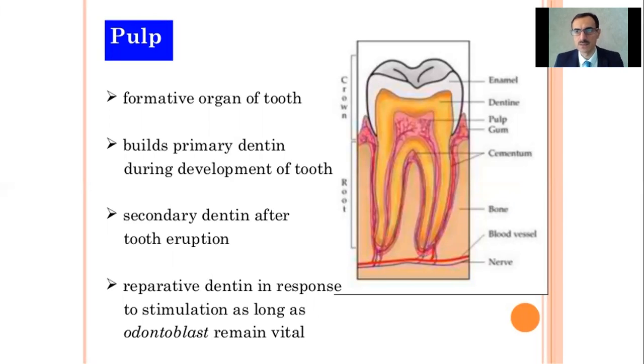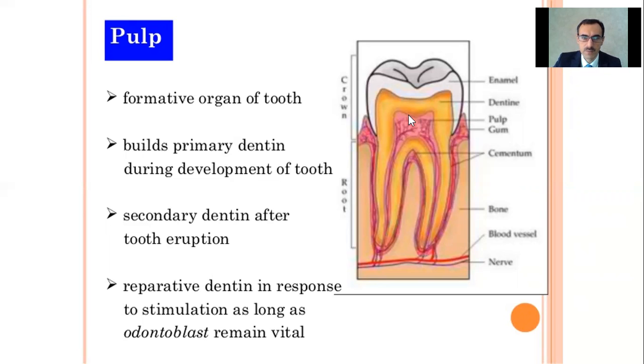Now we pass to the diseases of the pulp. We summarize the dental caries. Here you see the normal anatomy and histology of the pulp, and you know that the pulp is one of the soft tissues of the tooth.